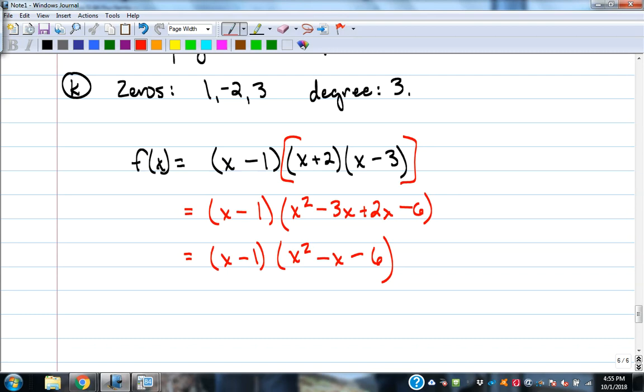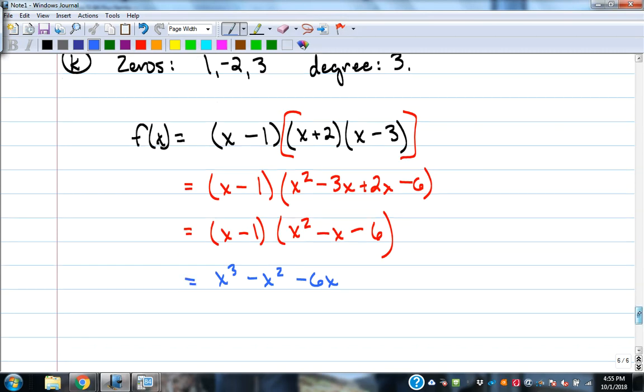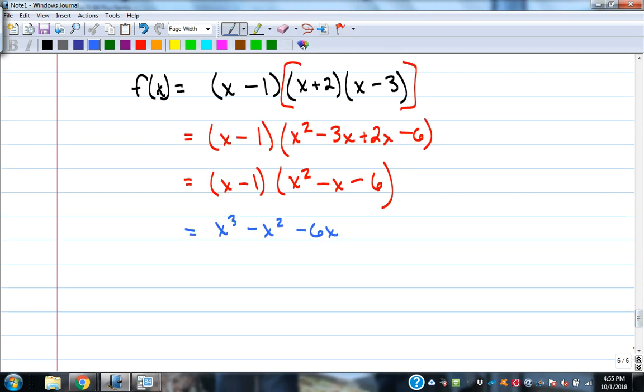Okay. Then I distribute the x minus 1 to all of that and multiply that out. So x times x squared is x cubed minus x squared minus 6x. And I'll show you kind of my trick to helping me do this more efficiently. That's just using distributive property, but then I stack it. Like when I distribute the x times x squared, that goes here.